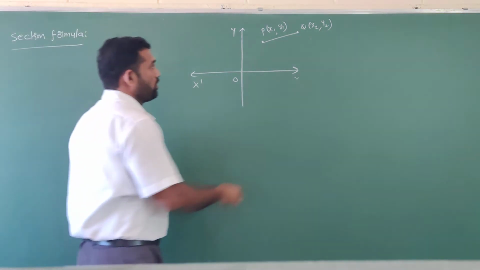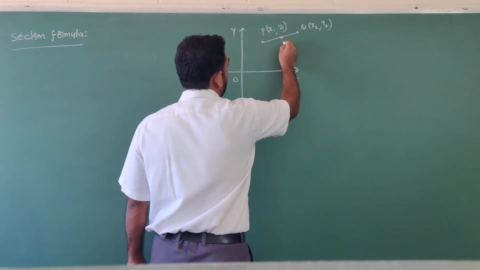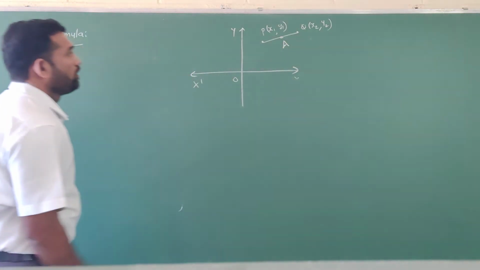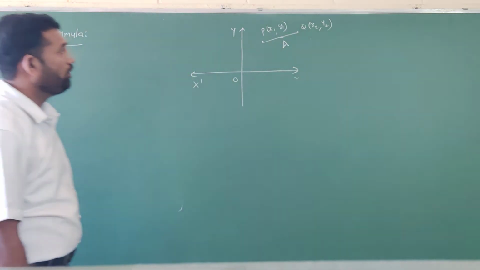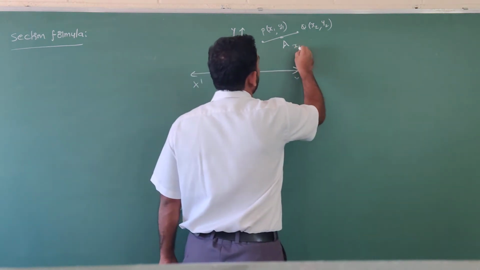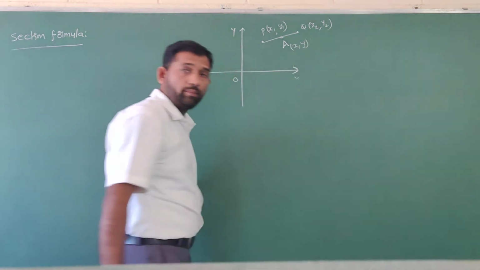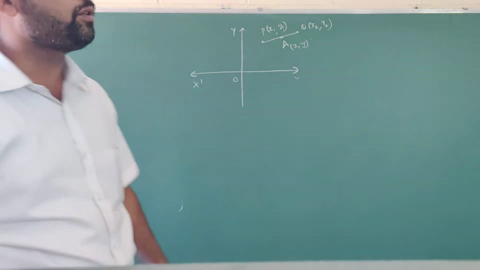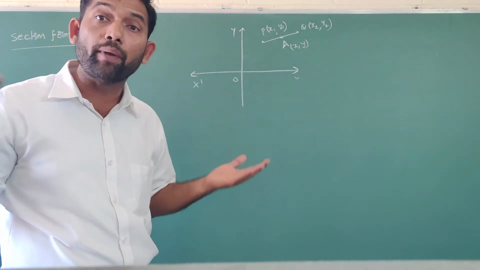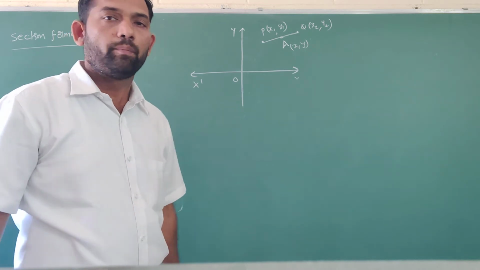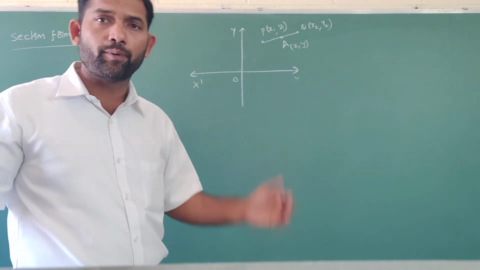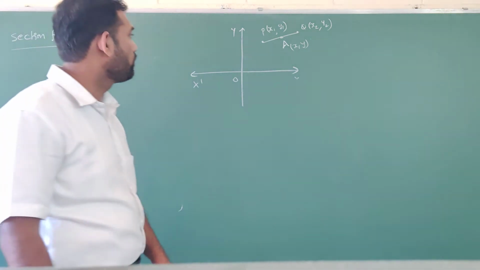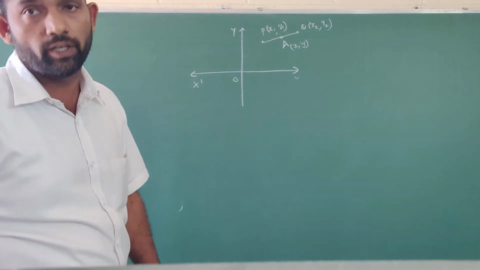Section formula means, suppose the line PQ is given. In between P and Q many points are there. In between, one point is there, that is A. So what are the coordinates of A?